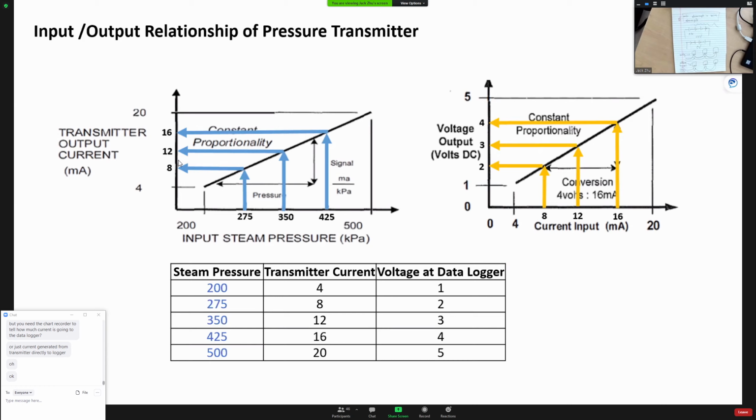With this proportional current signal, I can have the same proportional voltage signal. That's how we calculate the value at any pressure input. We will know the current output, or what the data recorder or data logger signal is.